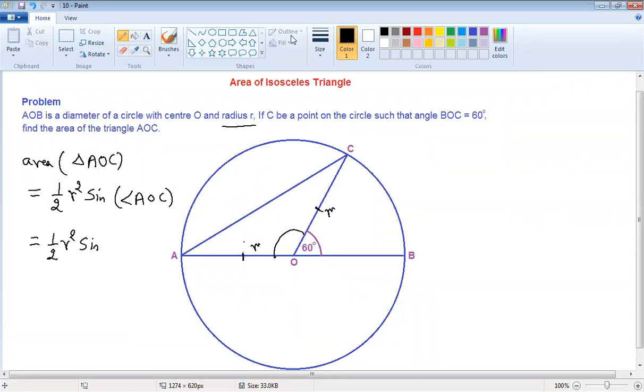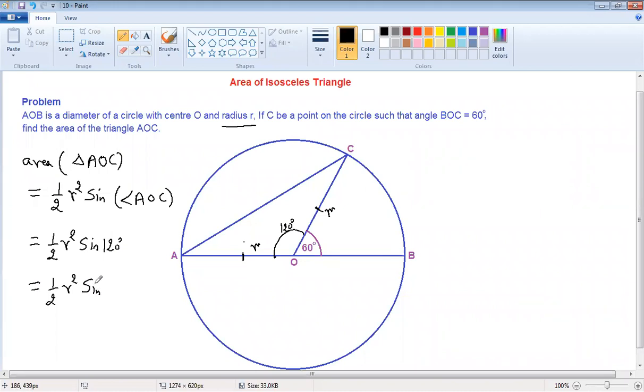How much is this angle? 120 degrees. So here we have the use of the sine of the obtuse angle, half R square.